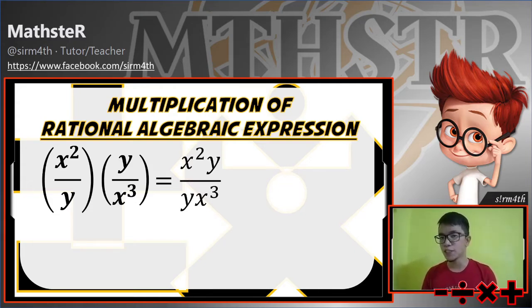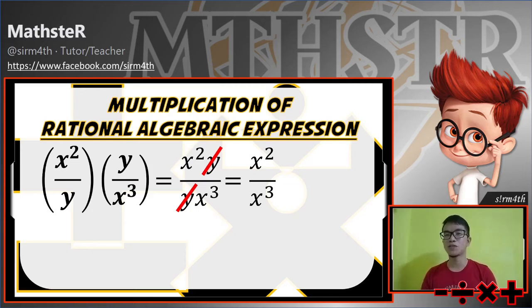At kung napapansin nyo din, may parehas na variable sa kanila, di ba? Merong nakita tayong y sa taas at meron ding y sa baba. Simulan natin i-cancel yung pinakamadaling tanggalin sa kanila, which is the variable y. Cancel natin yung y sa numerator, cancel din natin yung y sa denominator. So, ang matitira dito is x squared over x cubed.